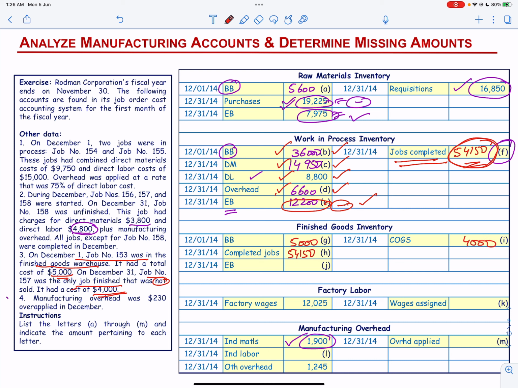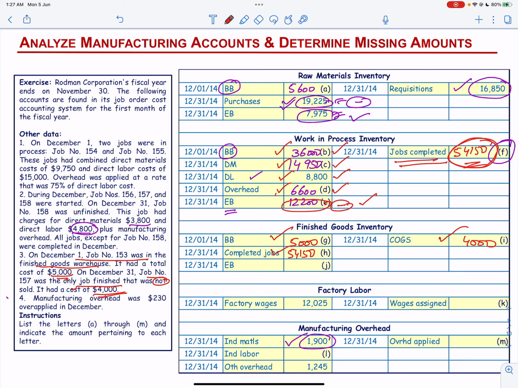So now with this we can calculate the ending balance, and the ending balance will be the beginning balance plus the completed job, and from this we are going to subtract the cost of goods sold, that is 4,000.